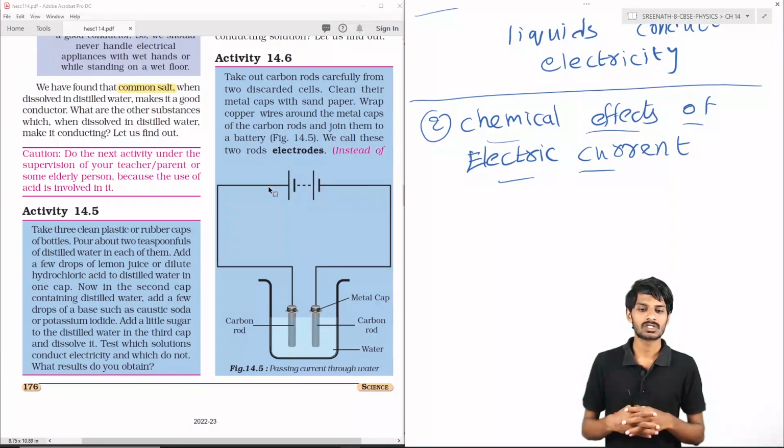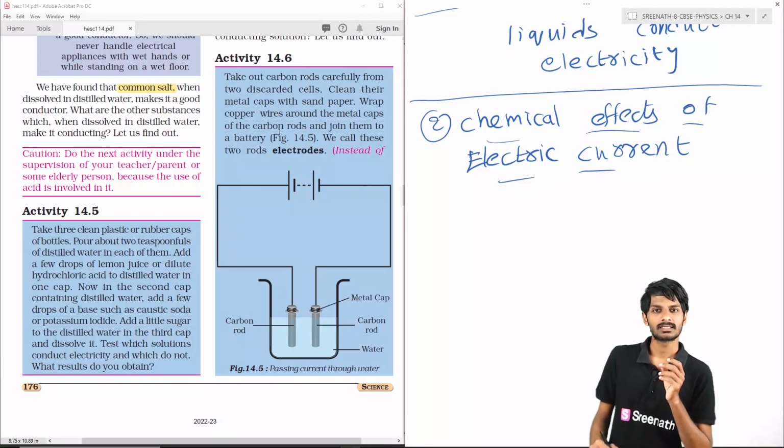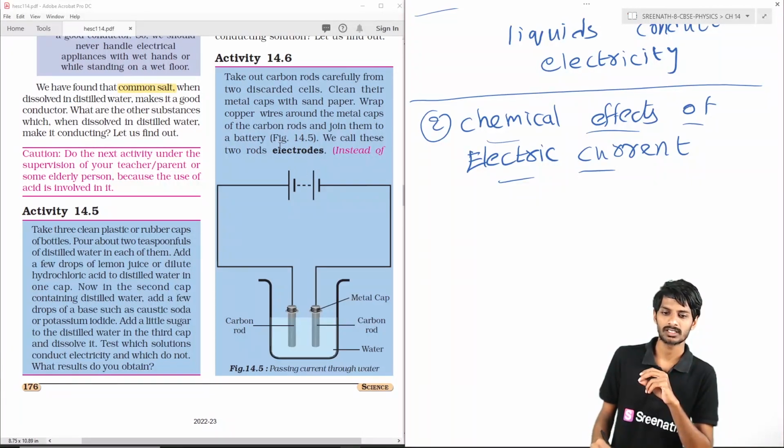So what we will do, students, is some experiment activity. Take discarded cells, and from the discarded cells take out the carbon rods, and clean their metal caps with sandpaper. Then wrap copper wire around the metal caps of the carbon rods and join them to a battery.